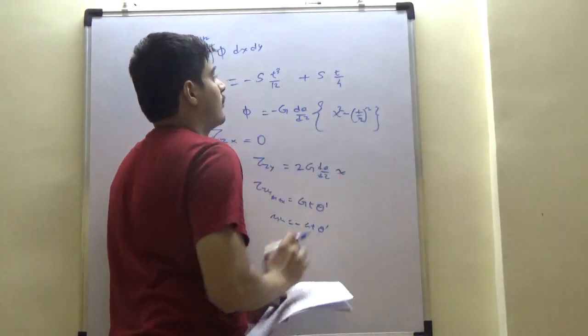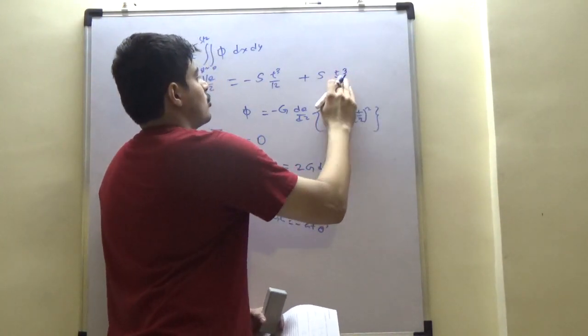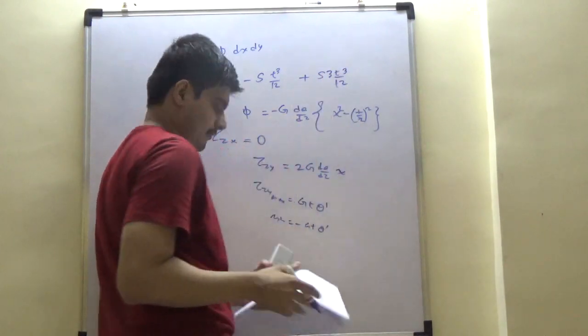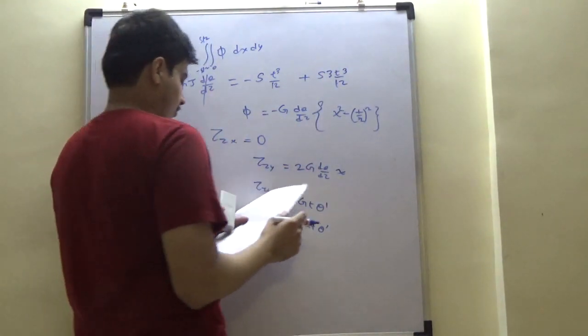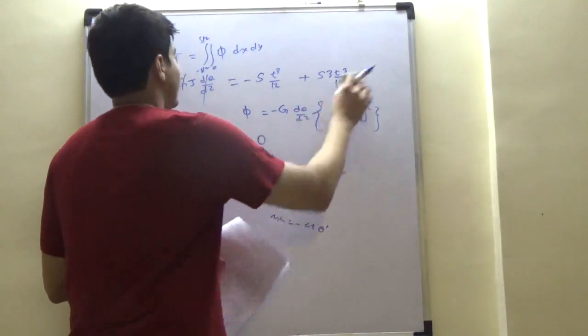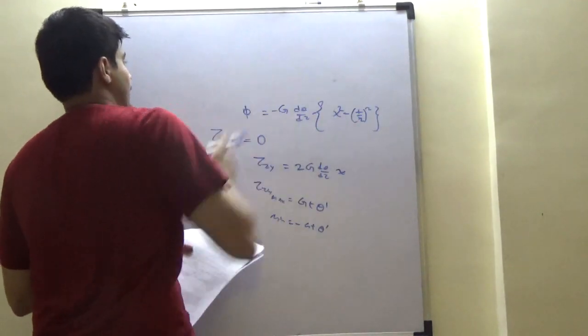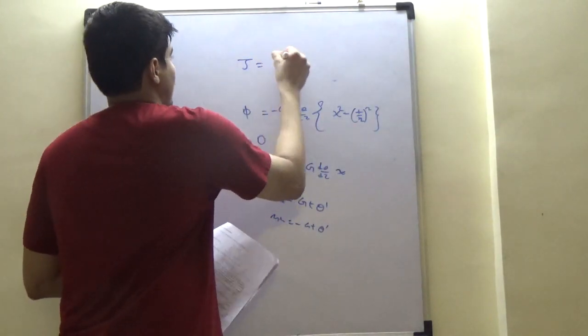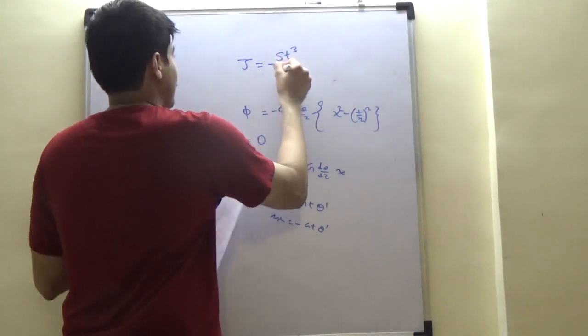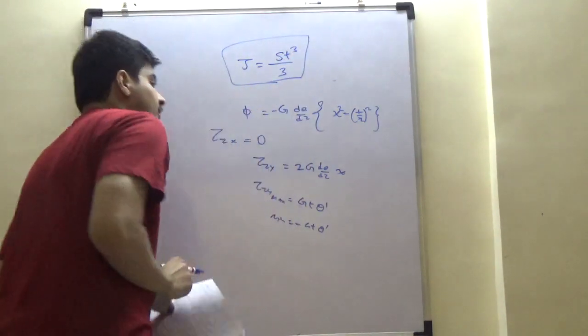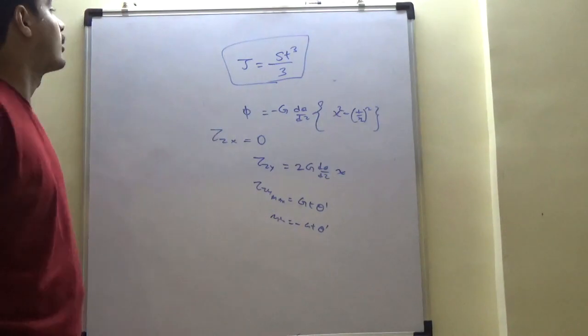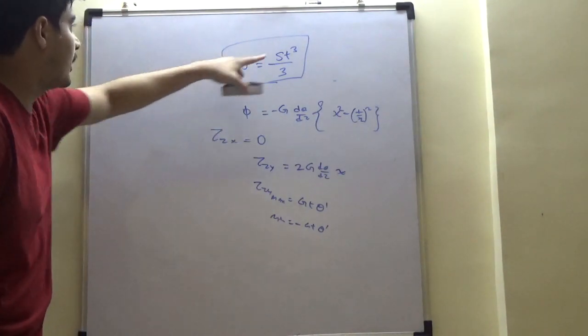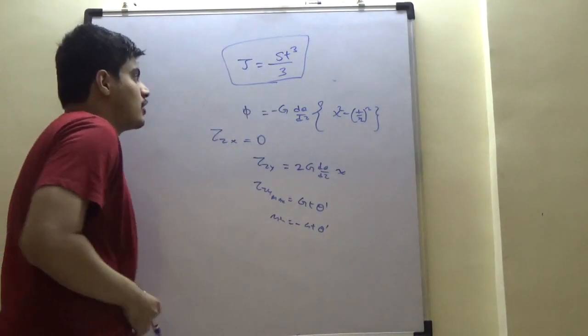So t cube by 4. So this can be 3t cube by 12. So finally, the j that you will arrive at is nothing but s t cube by 3. Very, very important analogy. So the rotational inertia is approximately s t cube upon 3.